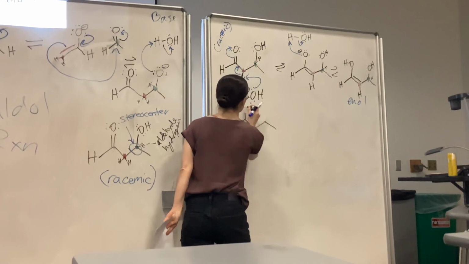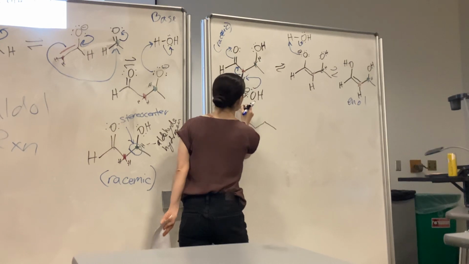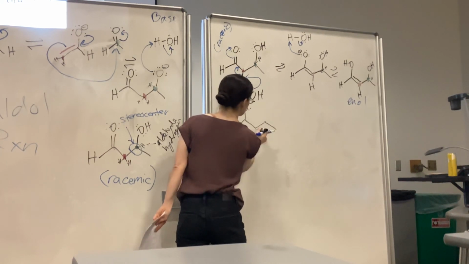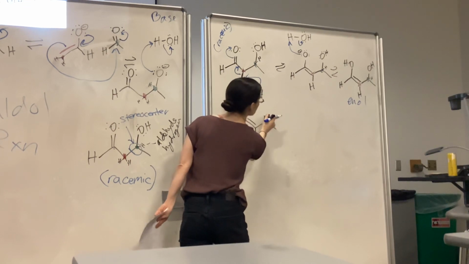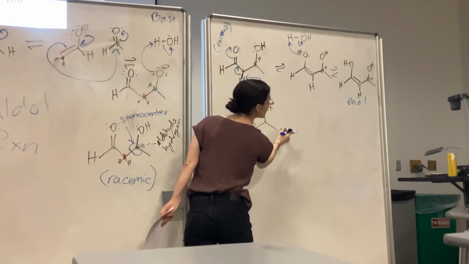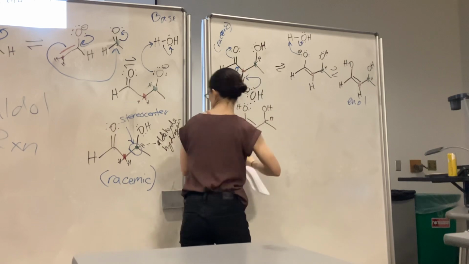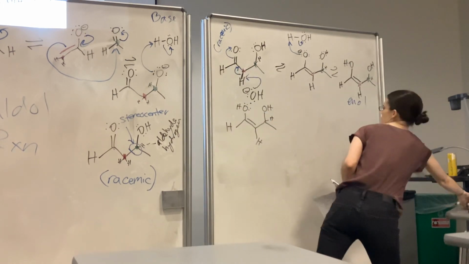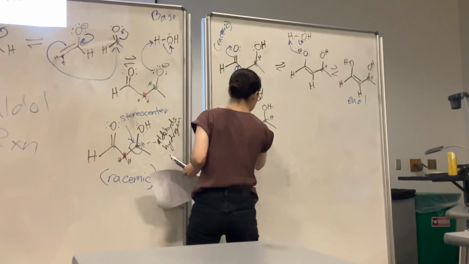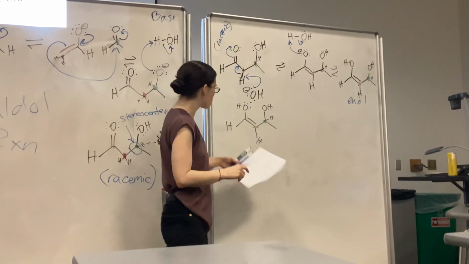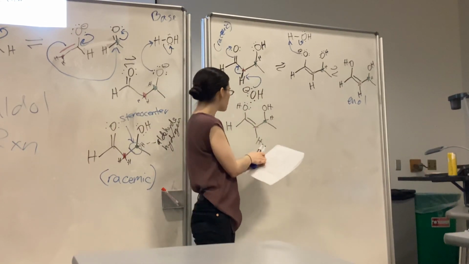This is why I prepare ahead of time. That's here, this is here, this is an OH, and that also has a hydrogen. I wish I'd paid attention to the fact that they only had one mechanism, and I would have chosen the other one.